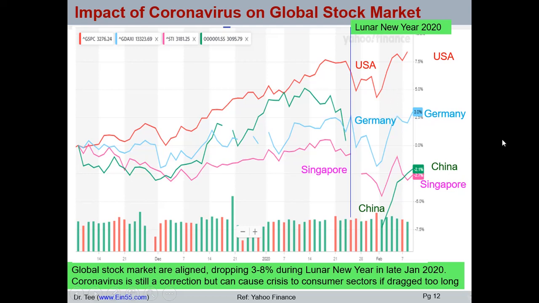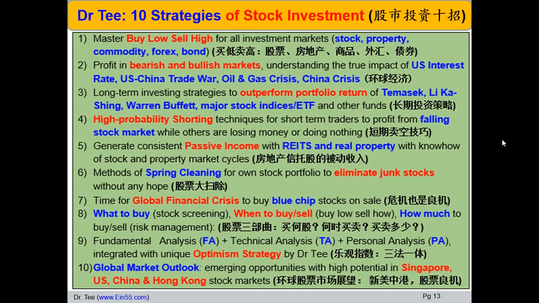So finally, for those who are interested in learning about stocks and looking for opportunities, you may consider learning from Dr. T. I have these 10 strategies I could teach you for free in the future, at a meetup in Singapore. So for example, how to buy low, sell high, and how to position the current stock market with more details for both investing and trading, even to collect dividends as passive income.